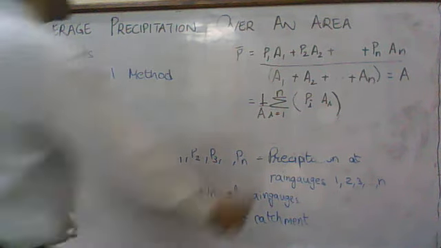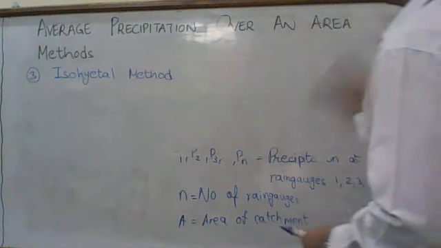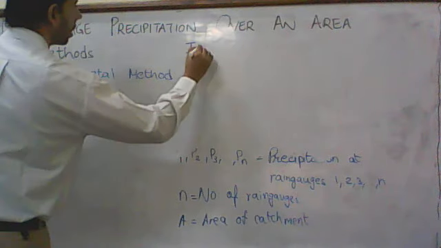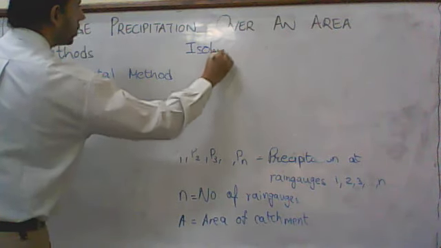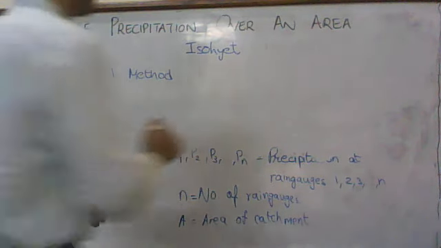Now what happens in the isohyetal method? Now what is an isohyet? An isohyet is a line joining points of equal precipitation.